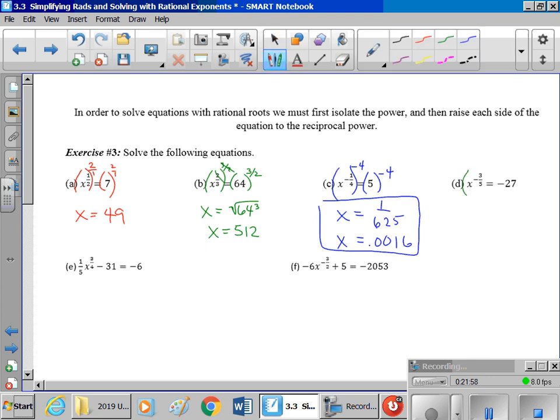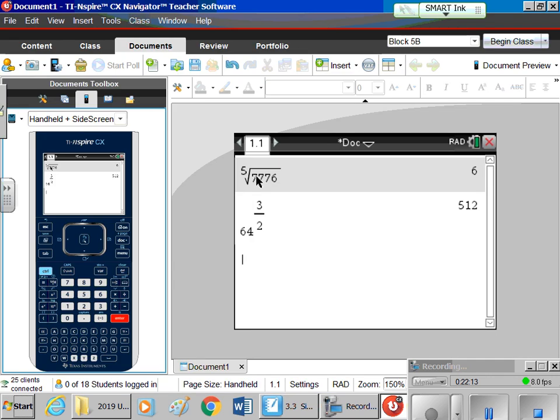D, we're going to raise this to negative 5 over 3. And the reason we do that is because this will go to 1 then. So we have x is equal to, and then remember in our calculator, you make sure that you're using parentheses.